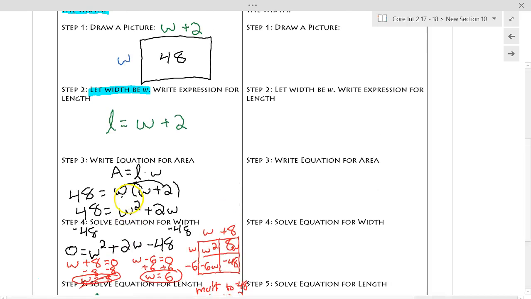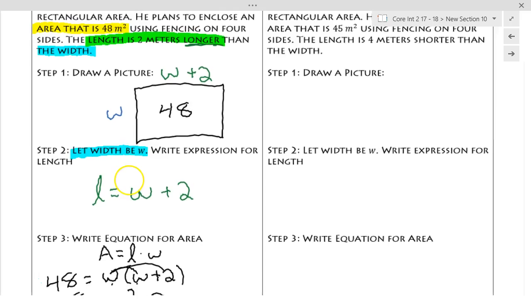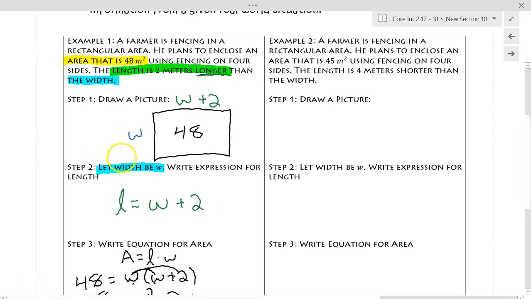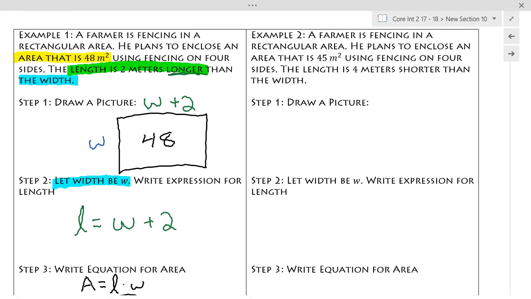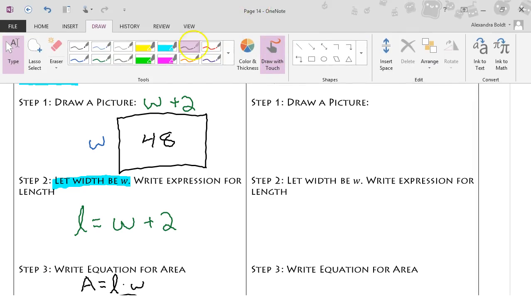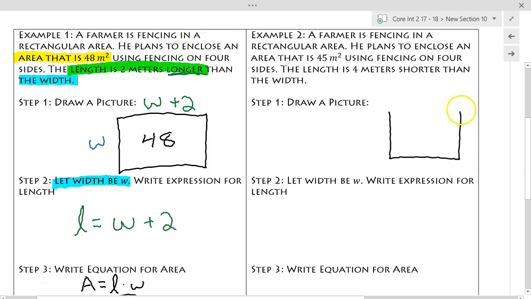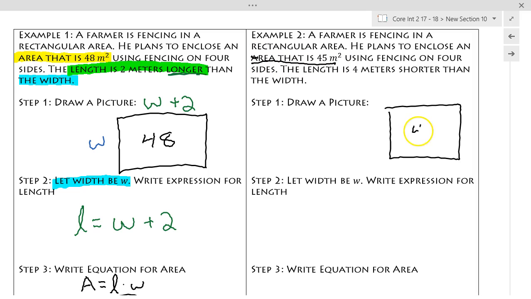All right, let's look at our second problem. Very much the same type of problem. A farmer is fencing in a rectangular area. He plans to enclose an area that is 45 meters squared using fencing on 4 sides. The length is 4 meters shorter than the width. So again, drawing that picture, I have an area that is 45 meters squared.